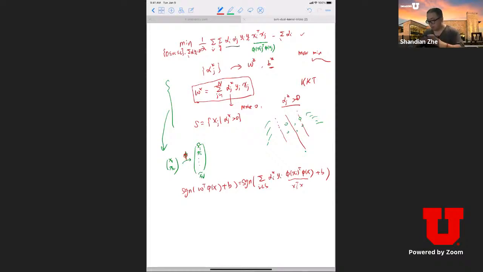Why? Because numerous practical experience tells us that if you really want to enhance or boost the performance, you have to make this phi very complex, very high dimensional. It's very common that your original feature space might be like 100, and you need to construct a 1 million dimensional feature space to ensure you get good performance.